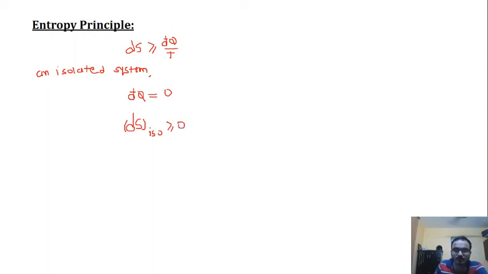Now there are two things which are possible out of this. First is a reversible process, and another option is an irreversible process. We are not going to discuss the impossible process.